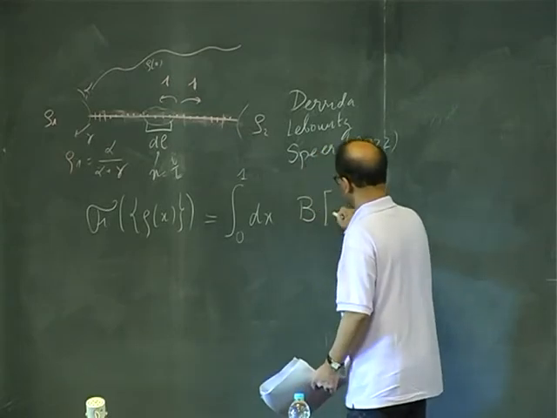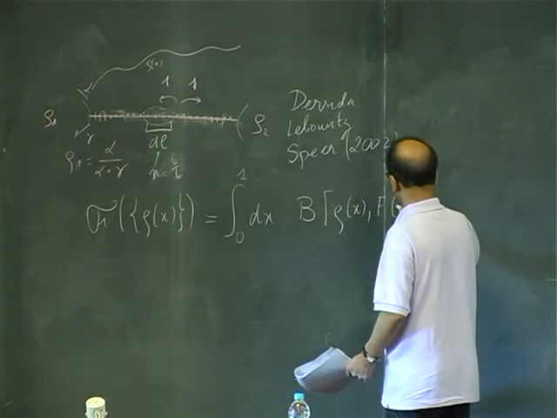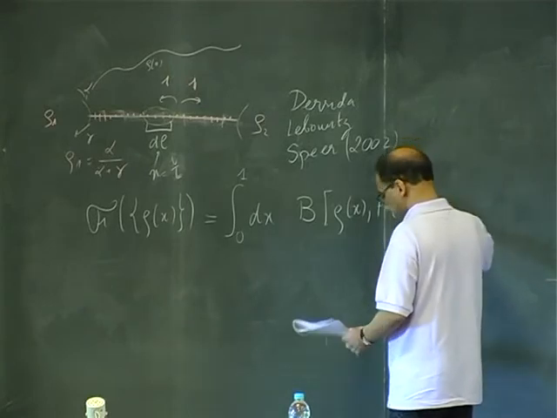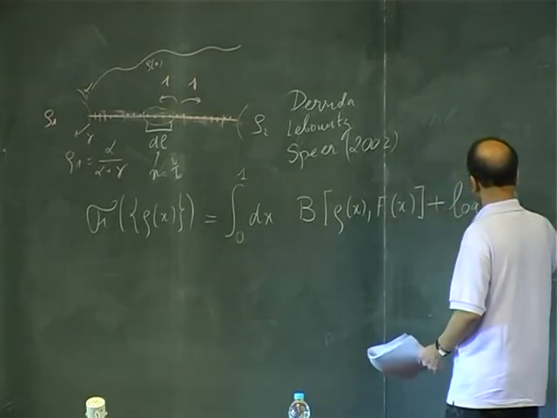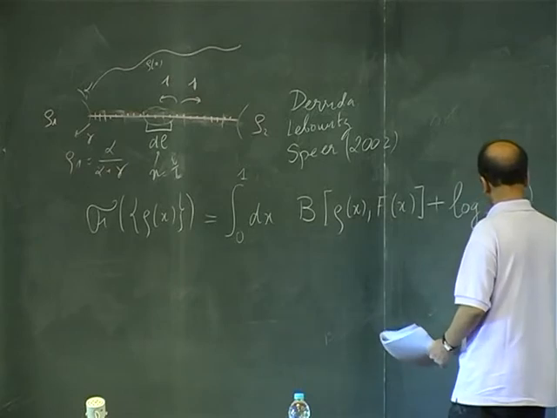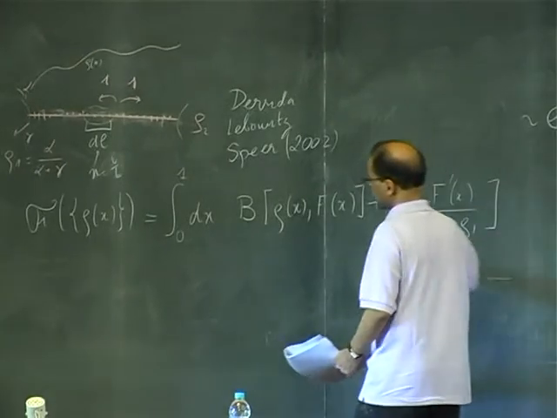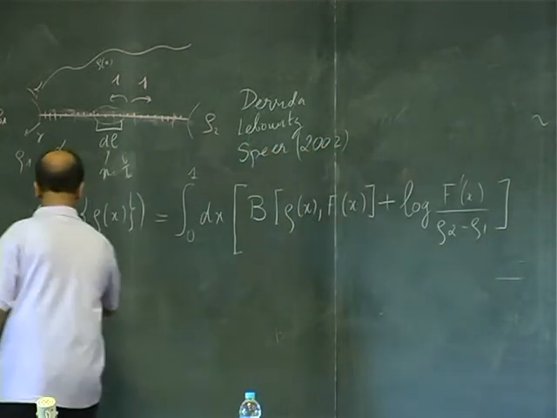So let's just write the formula. Maybe you don't even have to copy it, just look at the structure. So okay, B is a function which is known, a function of two variables.